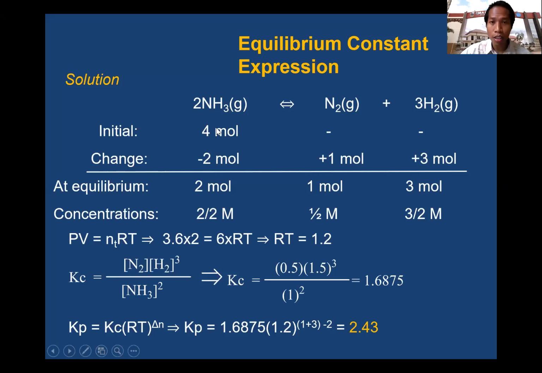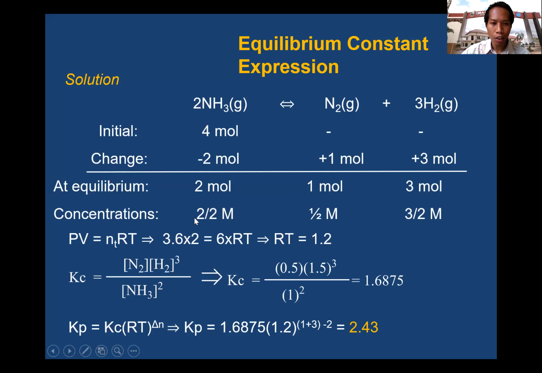Initially, 4 mole is given in the equation, and 1 mole is given at the equilibrium. So 4 and 1 is given. So you can find the change here. It is obviously +1, then it is +3 because of the coefficient. This is -2 because of the coefficient. So you get the equilibrium mole number 2, 1, 3.